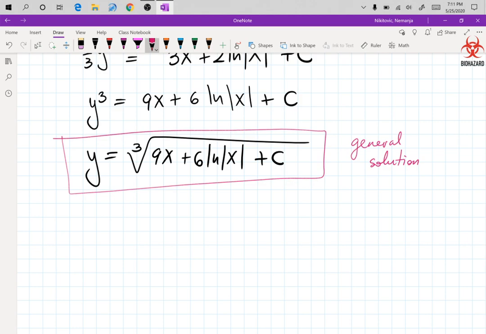The reason it's known as a general solution is because this plus c over here would shift the function depending on what the value of c is. Now, if you want to compute a particular solution, we need an initial point or initial value. There are a whole bunch of ways in which they are going to give you the point that you can use to compute c.